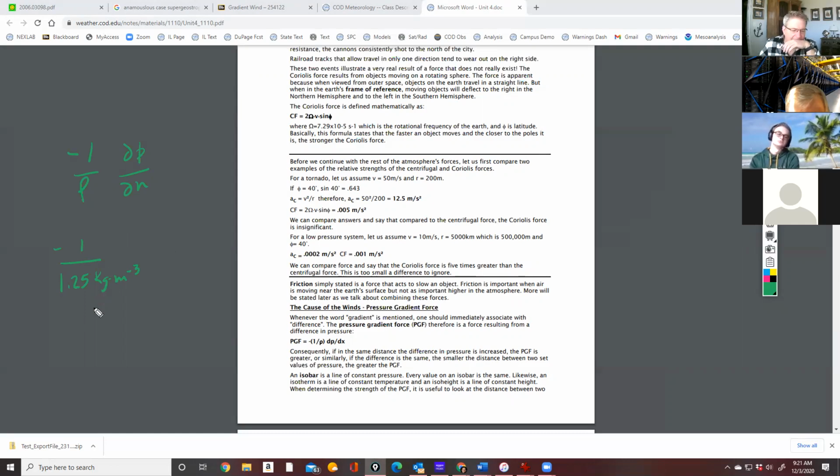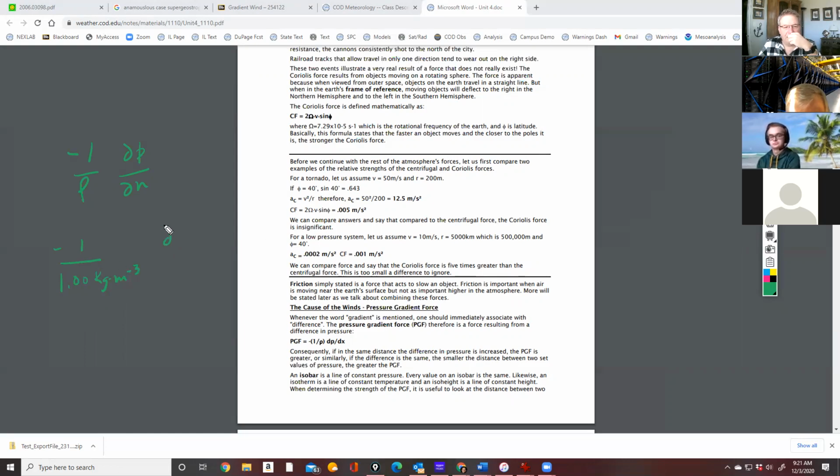Now, the reality is the air is under such low pressure, you're going to probably get a much lower density. So for the sake of trying to be a little bit more realistic, let's just make it easy. Let's make it 1, so I don't have to deal with this term.